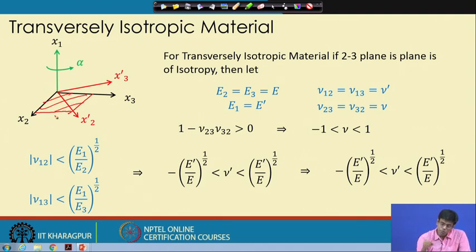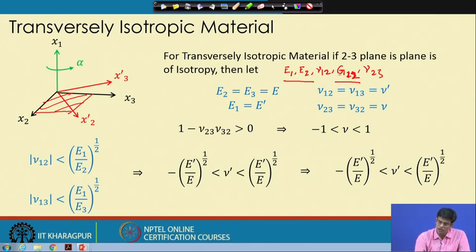So, if we assume that we know the material constants for this transverse isotropic case, which are E1, E2, nu12, G23 and nu23. If we assume this transverse isotropic case, then we know from our previous discussion that E1, E2 and G12 will be, sorry, it will not be G23.